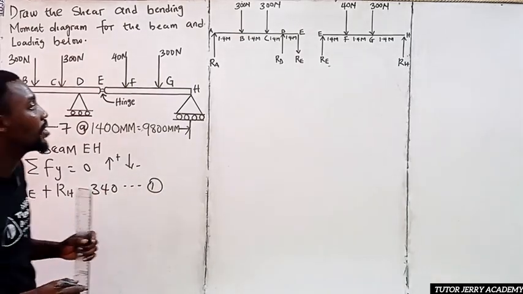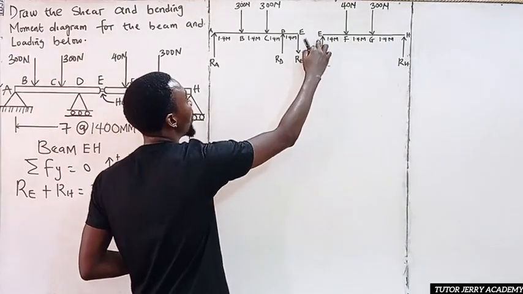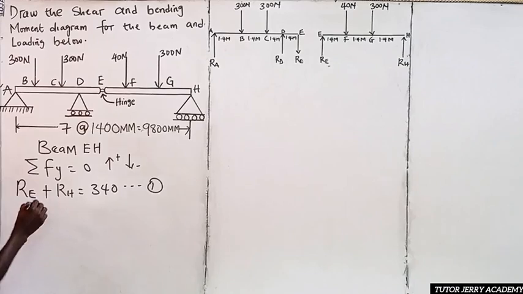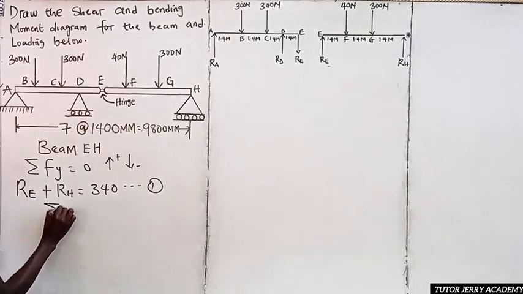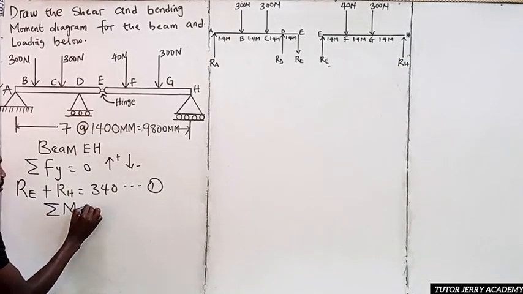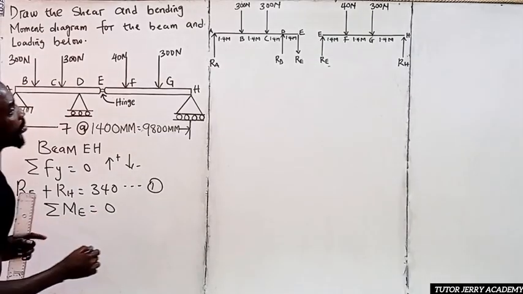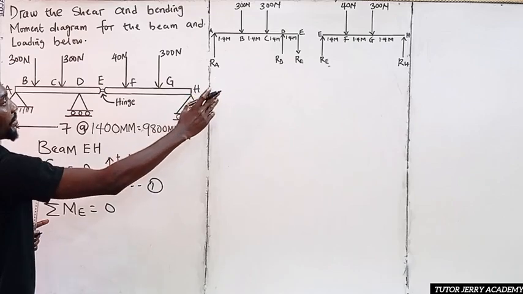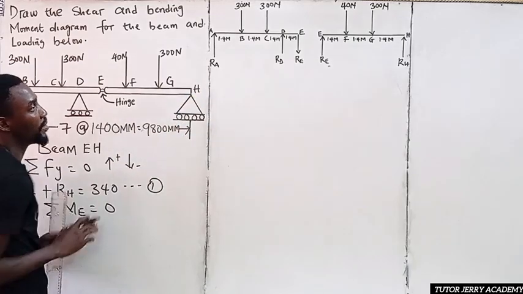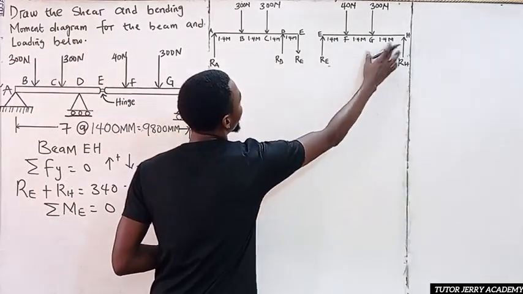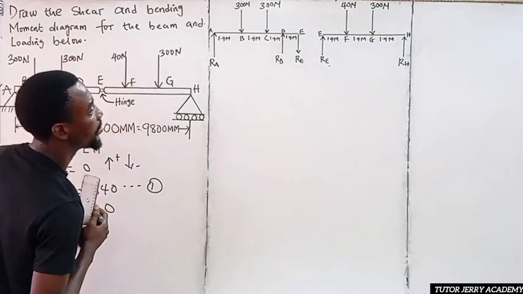For us to get the second equation, we are going to take moment about point E. The sum of moment about point E equals 0. We are taking our upward force positive. So it means R_H multiplied by the total distance, which is 4.2.